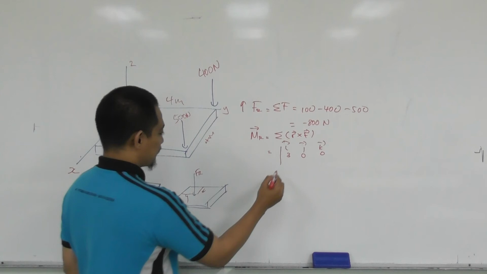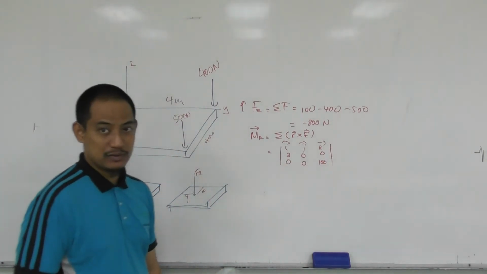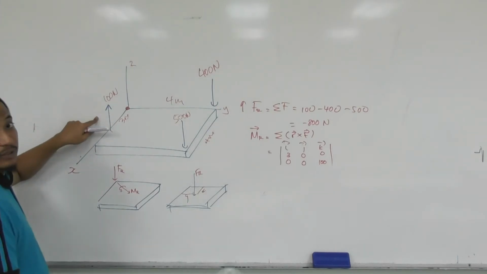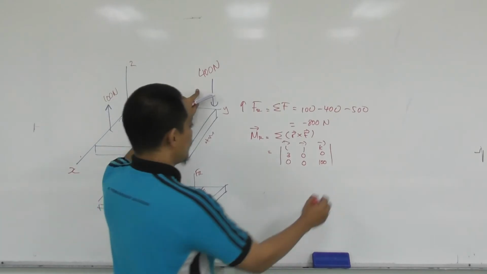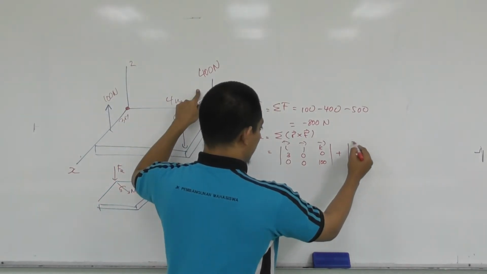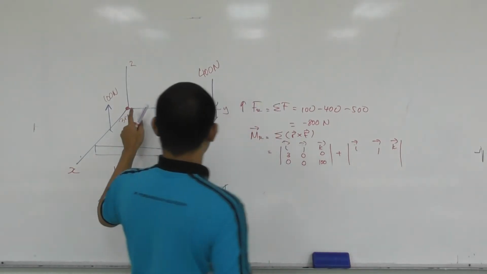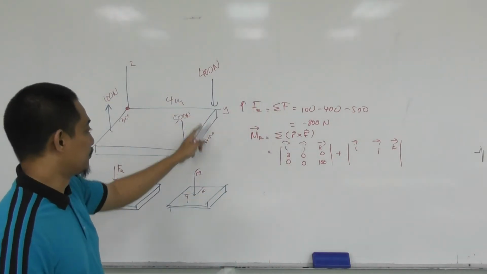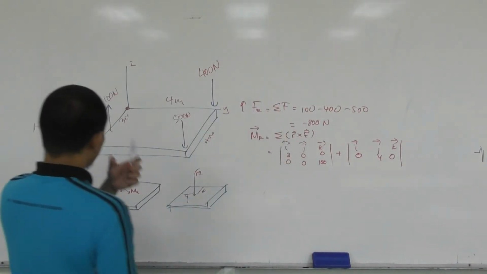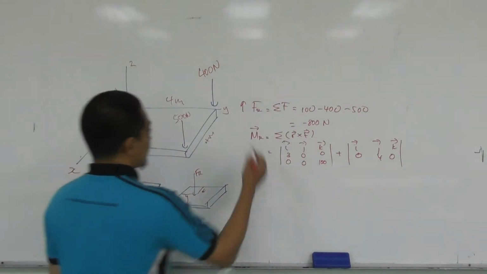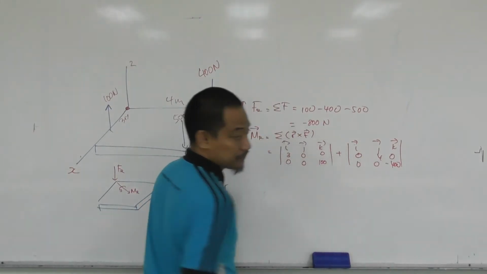And then the force is 0, 0, 100, positive. So that is settled for this one. What about this one? Minus 400, right? So plus i, j, k. The distance here is just 4 in the y axis, so 0, 4, 0. And that is just downward, so 0, 0, minus 400.